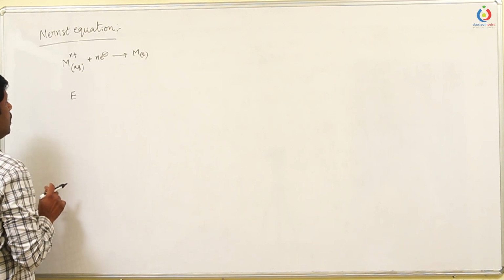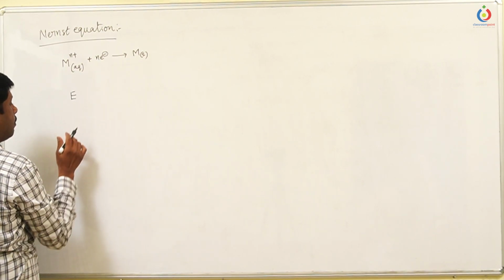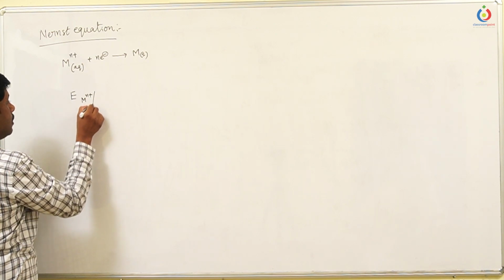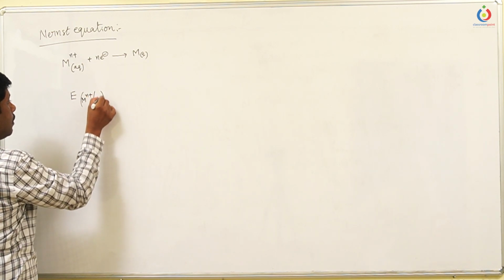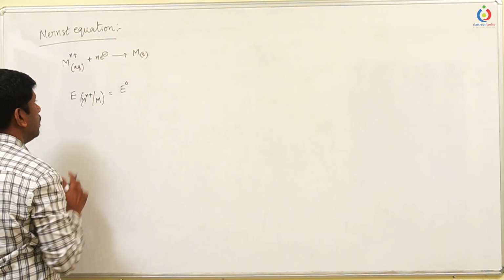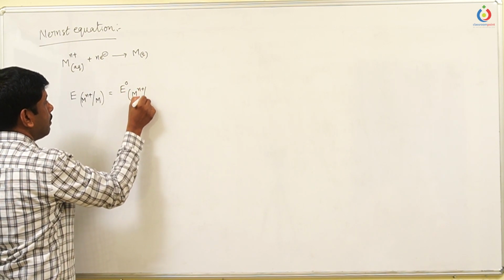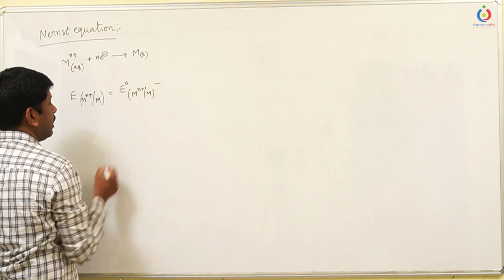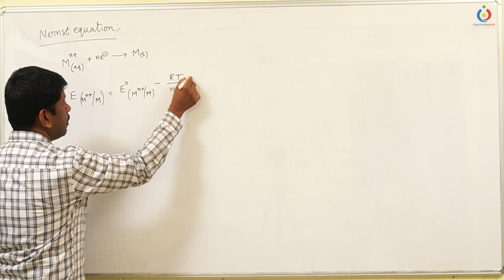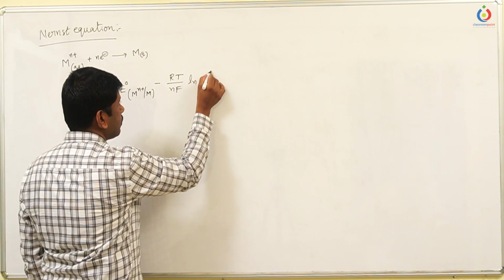So for the electrode potential, here the metal ion changes to the metal M, so we can write that E of Mn+ by M is equal to E naught of the same metal electrode, the standard reduction potential of Mn+ by M, minus RT divided by nF log of concentration of products by concentration of reactants.